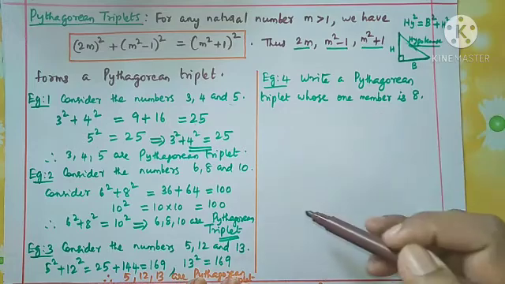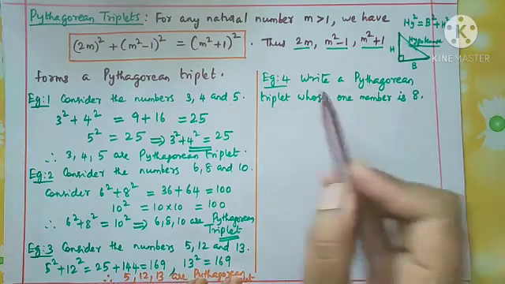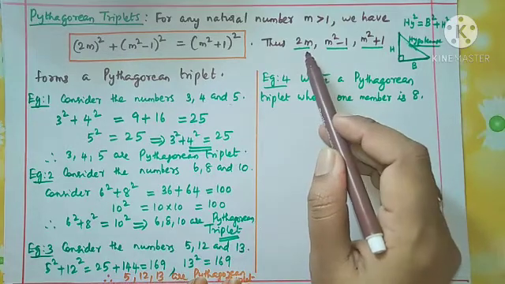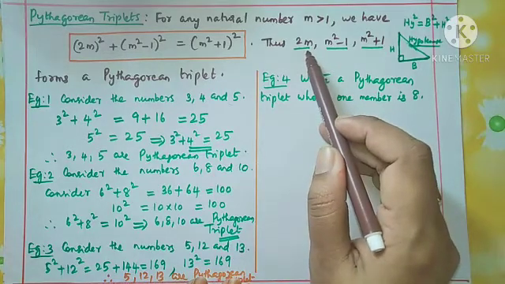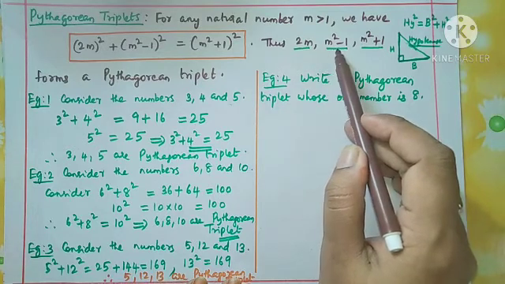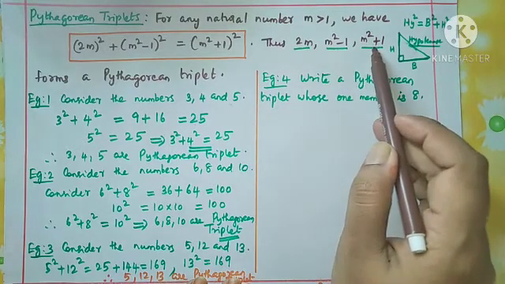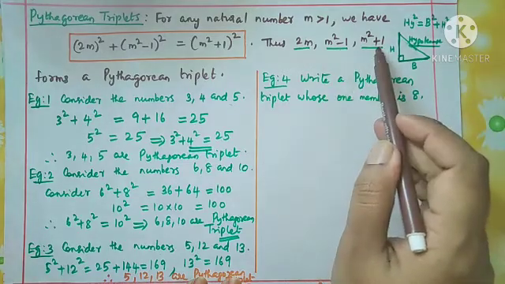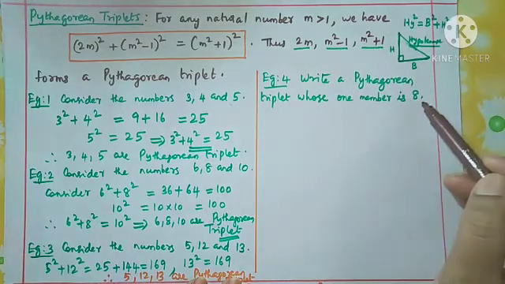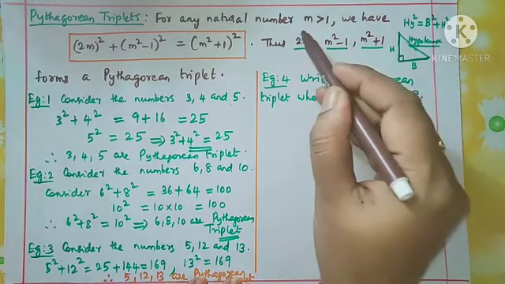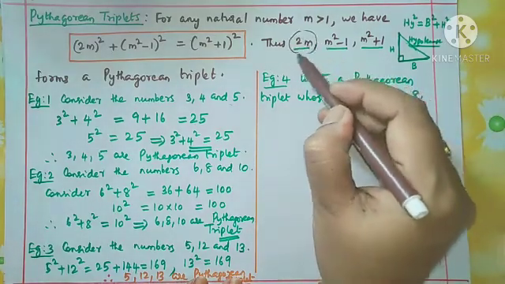So in this type of problem, when one member of the Pythagorean triplet is given and we want to find the other two members, we come to our formula, the three members we discussed earlier. The first member is 2m, the second is m square minus 1, and the third is m square plus 1. From these three members, the number given in our problem we take as 2m.